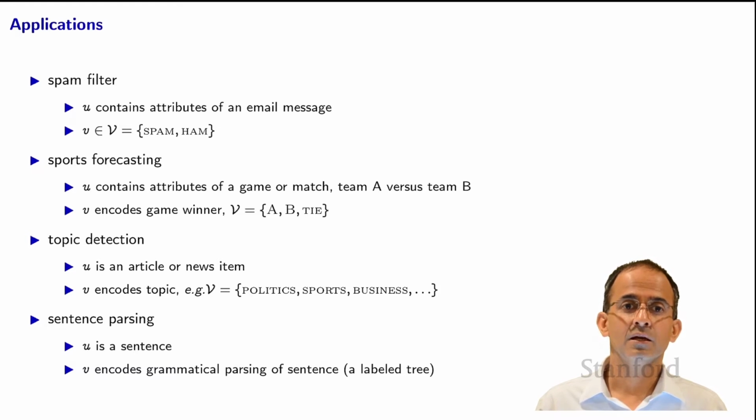And then V, the target variables, the categories, would be either spam or ham. Ham, of course, meaning that it's a good email message.